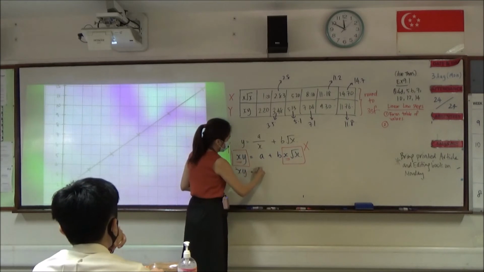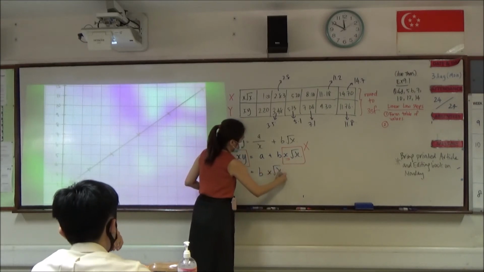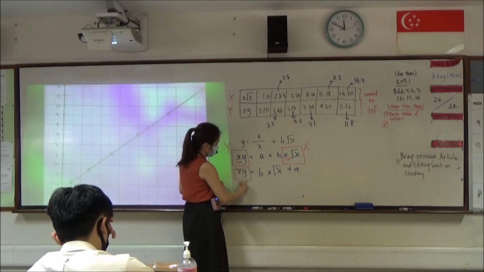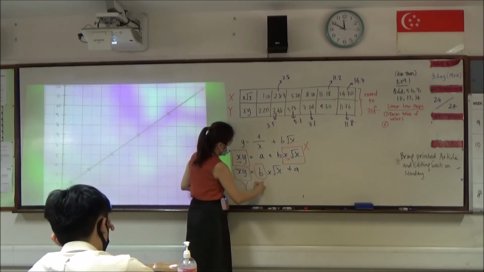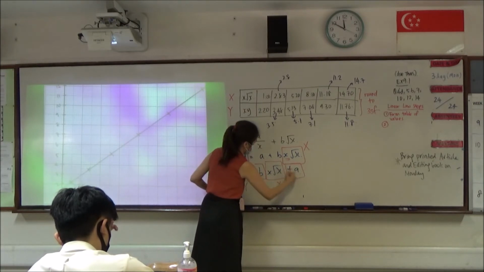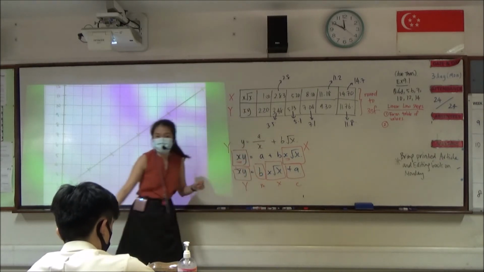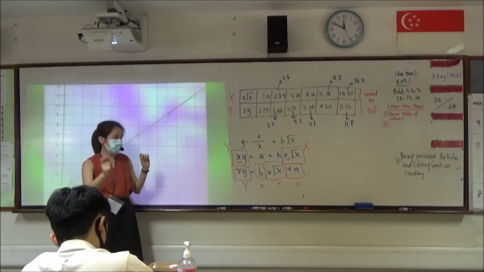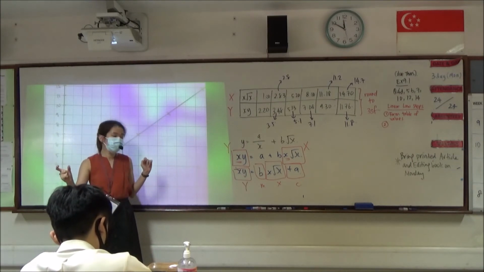Okay, so it is B that represents the gradient, because xy equals B times x square root x plus A. If I match up with my y equals m big X plus c, we have to be able to identify where is the gradient and where is the y-intercept.